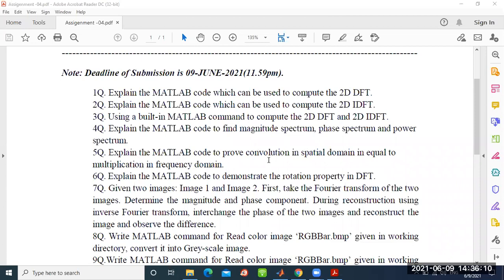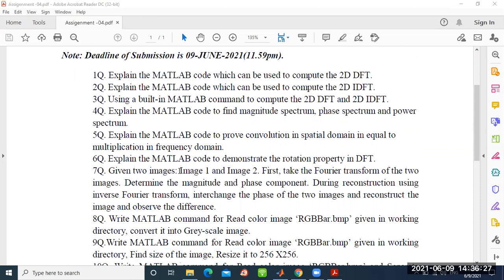Then we will explain Matlab code to demonstrate the rotation property of the DFT, how rotation affects the time domain as well as the frequency domain. Then we will take an example with two images, interchange the phase of these two images, and analyze what changes appear in the actual images.